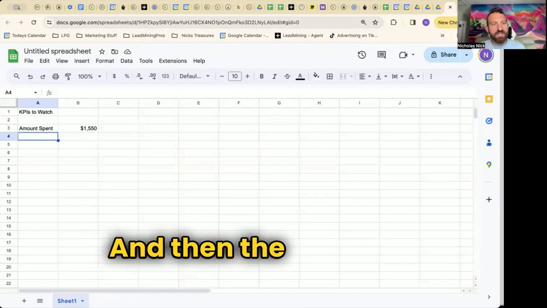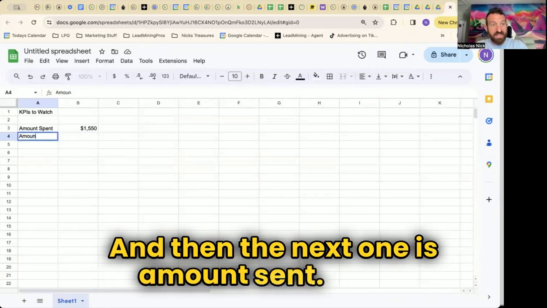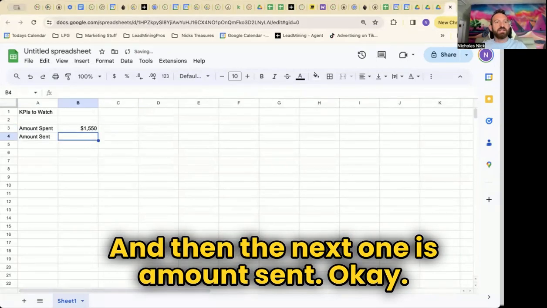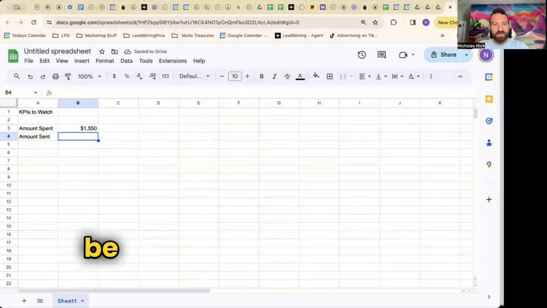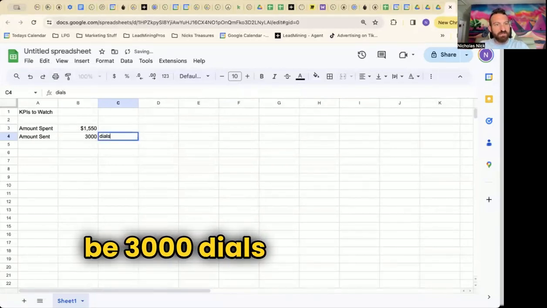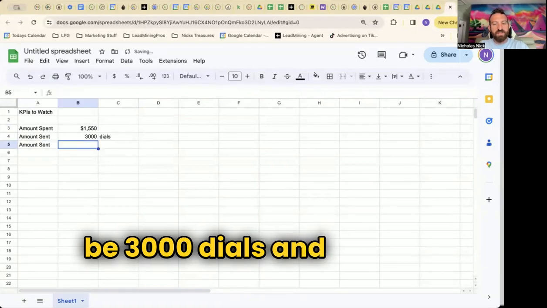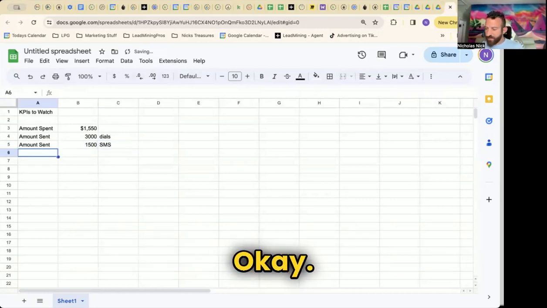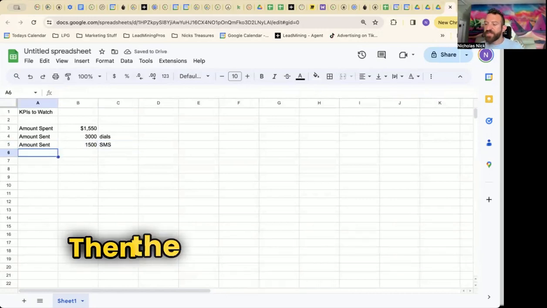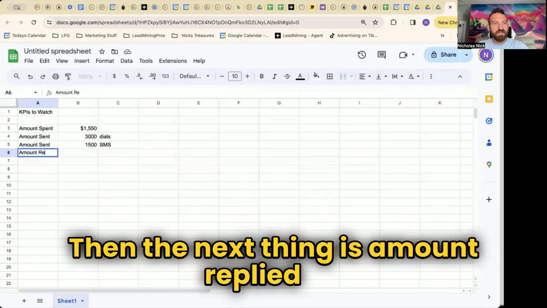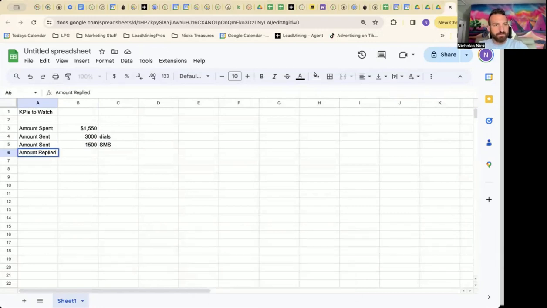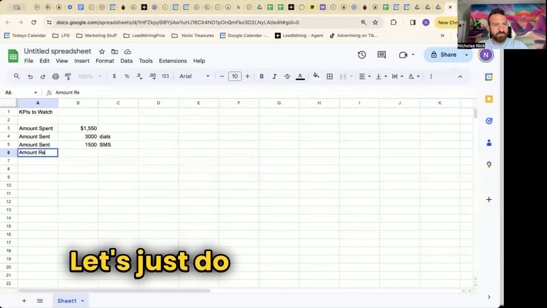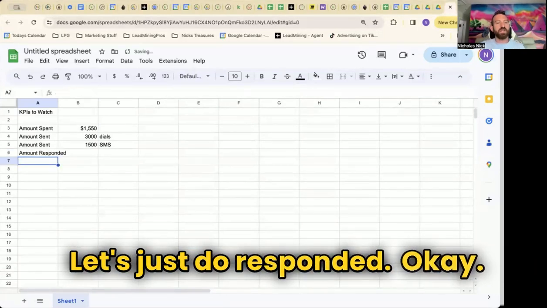Then the next one is amount sent. This package is going to be 3,000 dials and then 1,500 SMS. Then the next thing is amount replied to, or responded.